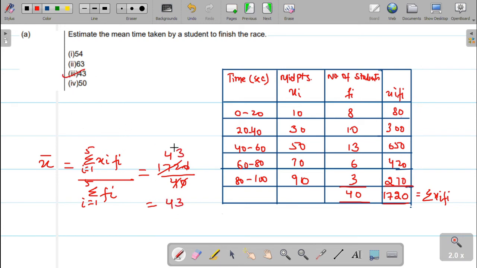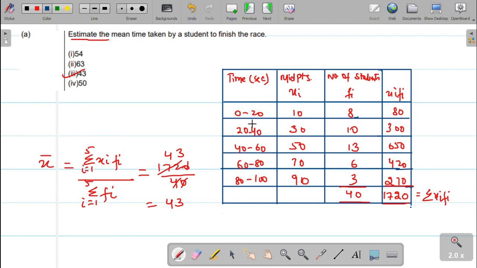A little small point I'll add here, that why are we calling it as estimate the mean? Because we have assumed that all these 8 students here, for example, have the time 10 seconds. According to the data, these 8 students lie between 0 to 20, right?